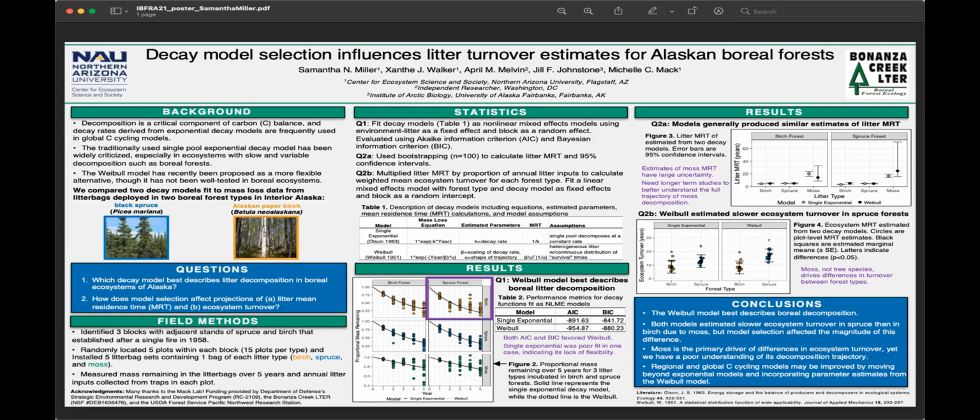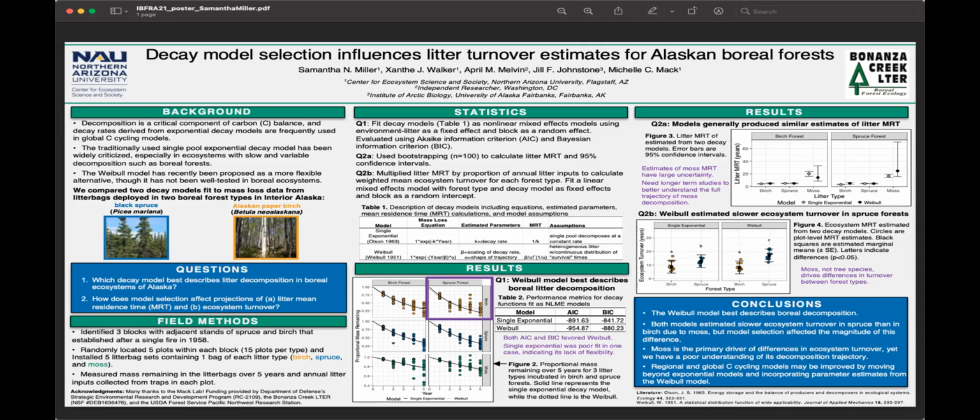We also found that moss and not dominant tree species is the main driver of differences in litter turnover between these forest types, which further highlights the need to improve our understanding of moss decomposition. This work adds to a growing body of research that suggests that the Weibull model is a more suitable model to apply to a diverse range of litter decomposition trajectories, including variable and slow decomposition found in boreal forests.